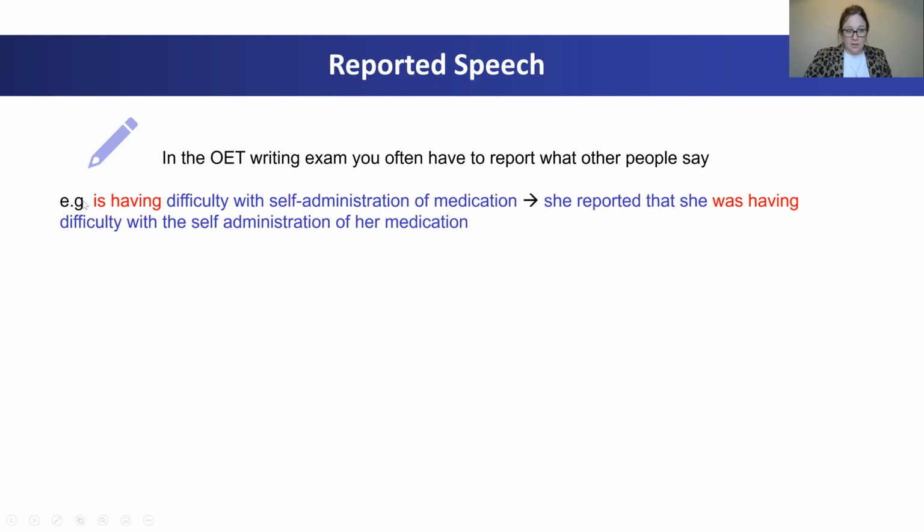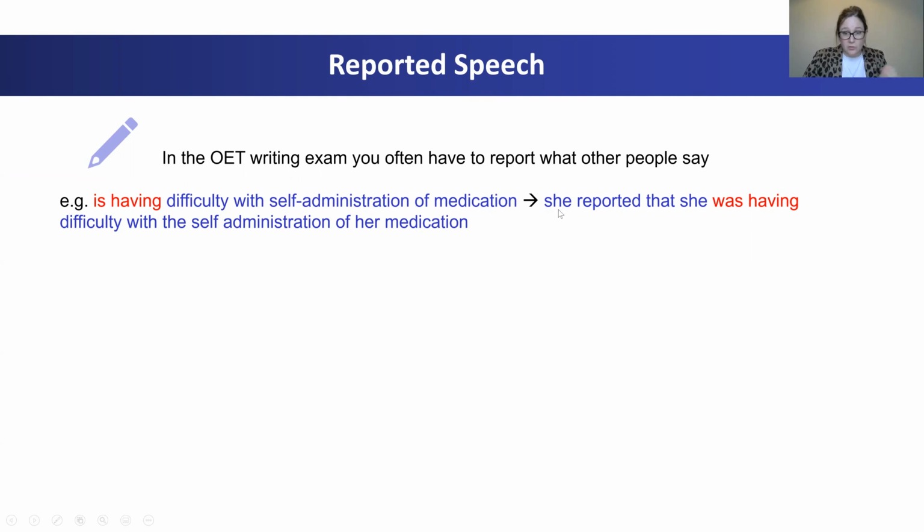So we've got an example here. Imagine what the situation is. The patient is having difficulty with the self-administration of their medication. They've probably said this to you in your consultation or in your home visit. So you need to report what the patient has said or told you.